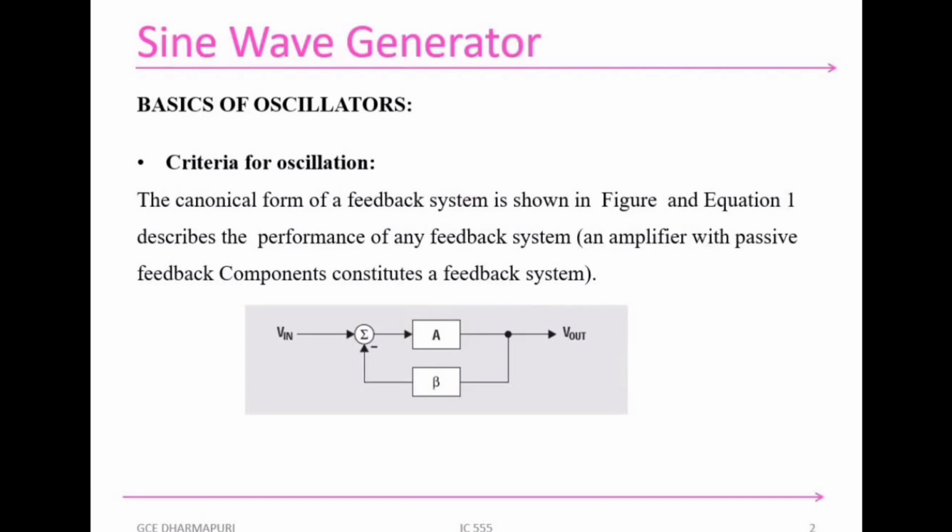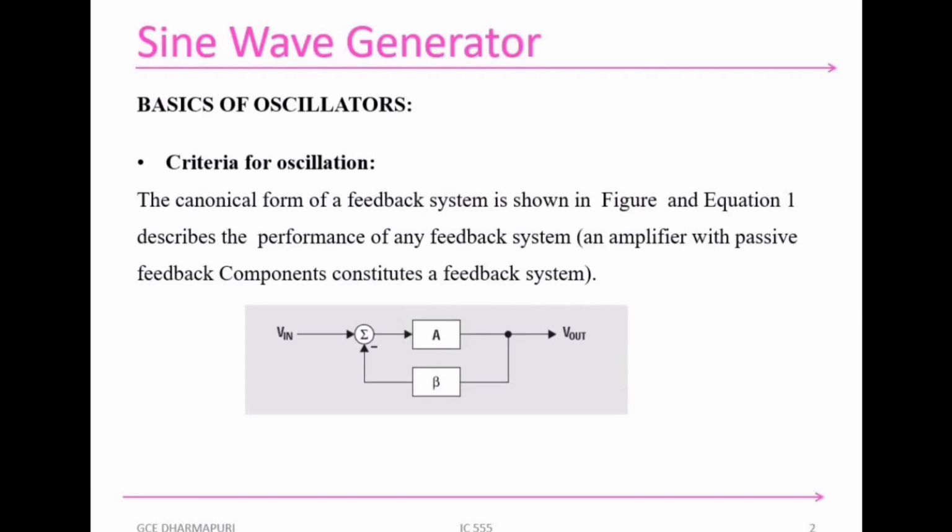First, we are going to discuss the basics of oscillation, and in that we are going to see what the criteria for oscillation is. Here I have given a figure which represents the canonical form of a feedback system. It consists of A and beta.